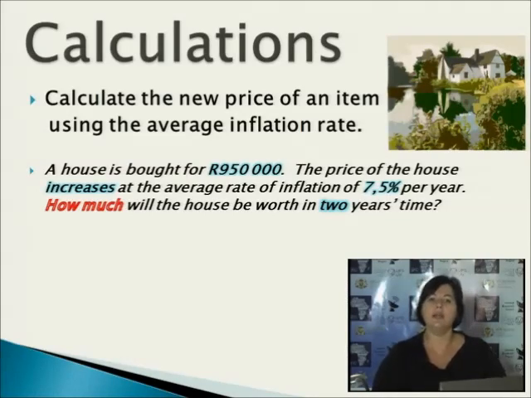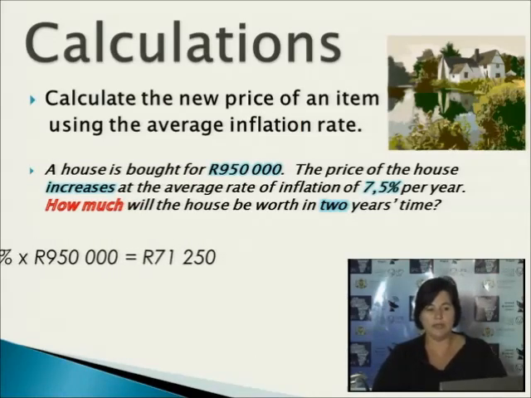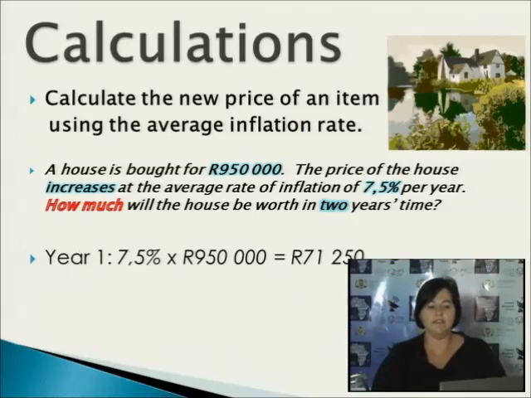So how will I go about solving this problem? I said in the beginning, when we work with inflation rates, it is percentage. And now I have to use my calculating skills where I have learned to work with percentage. What do I say? 7.5% for year 1.